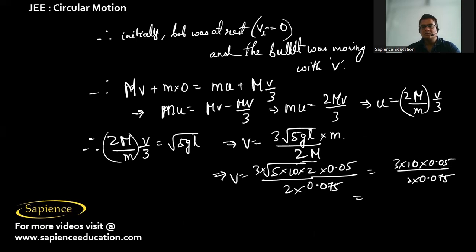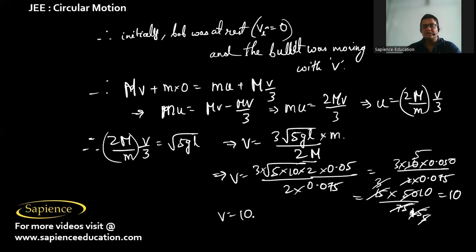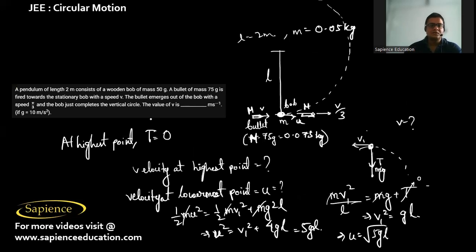So 2 5s are 10, so this will be 15 into 50 by 75. 5 3s are 15, 5 5s are 25, 3 5s are 15, so 5 10s are 50. So v will be equal to 10 meter per second. So the initial velocity of the bullet was 10 meter per second.